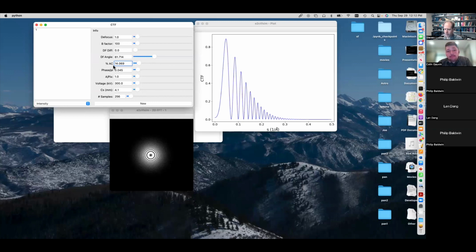So in electron optics, we talk about the weak phase approximation, and the weak phase approximation is basically assuming that there's no absorption, that everything that we're looking at is elastic scattering, and our images are formed by phase shifts. And the pure weak phase approximation would correspond to an amplitude contrast of 0. Okay.